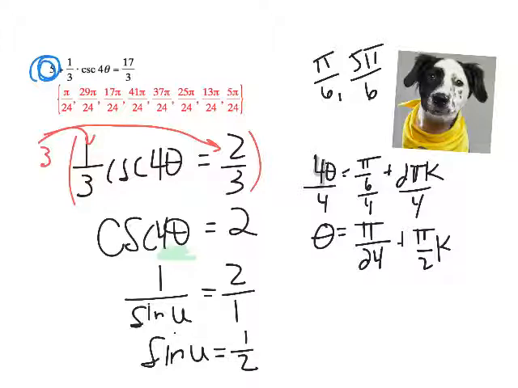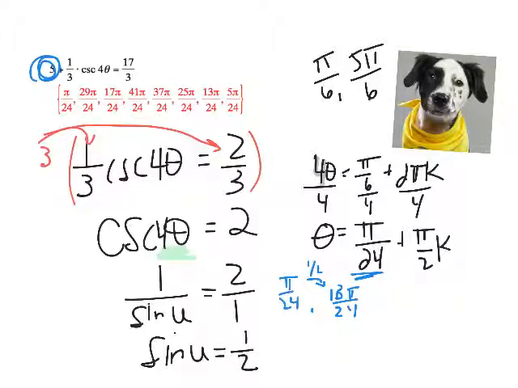So to start with, you have this pi over 24, and that's pi over 24 inside 0 to 2 pi. To get to your next angle, you are literally just going to go to your calculator, 1 over 24, add 1/2. That's really adding 12 over 24, so you get 13 pi over 24.